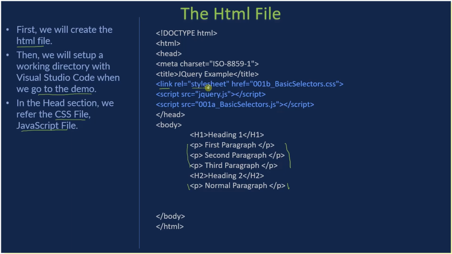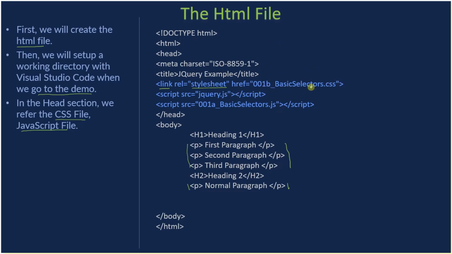You need to specify stylesheet for this rel attribute, then the hyperlink reference 001b basic selector.css. This is the CSS file we are going to create in the next video. For now, this reference is invalid.